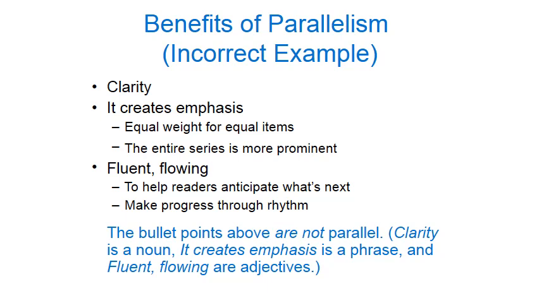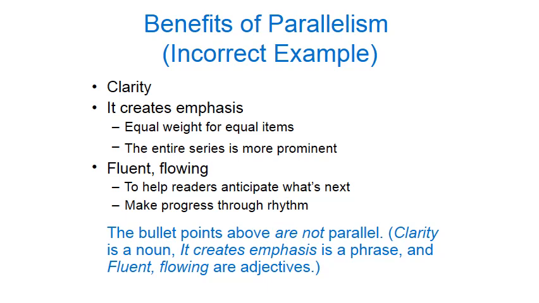Parallelism is basically a technique of writing in which you match the form of the verbs, words, phrases or clauses within a sentence. One example is "she likes cooking, jogging and to read," but this sentence lacks parallelism, and the example of a parallel sentence is "she likes cooking, jogging and reading."